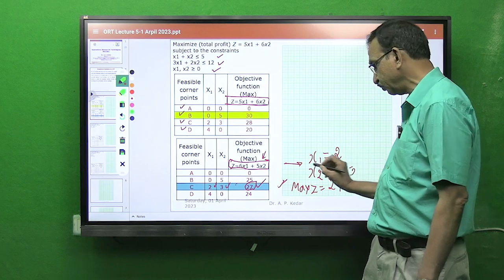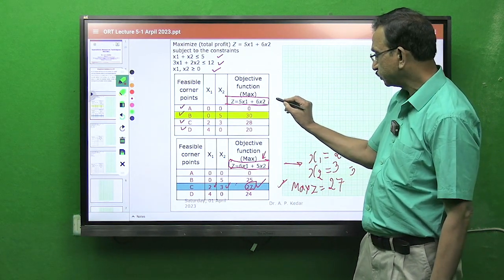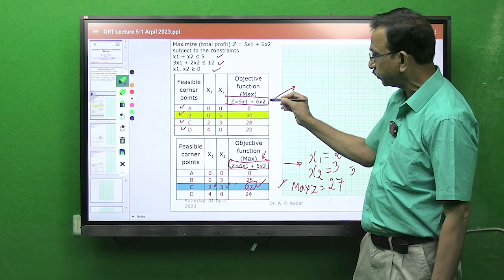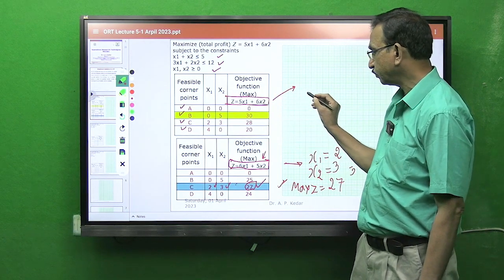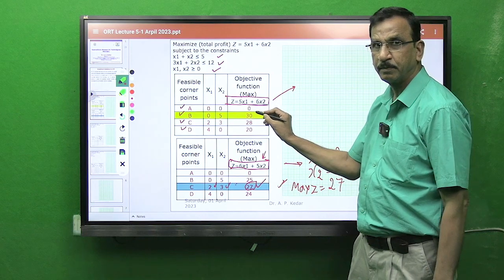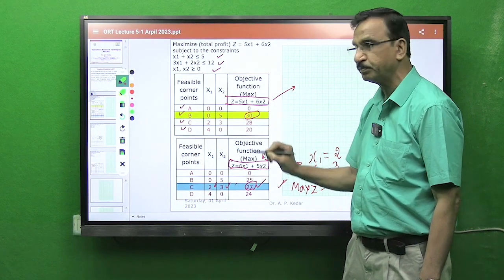If we change this objective function right now, then for the same problem your maximum value lies at corner point B, this one with the yellow strip.